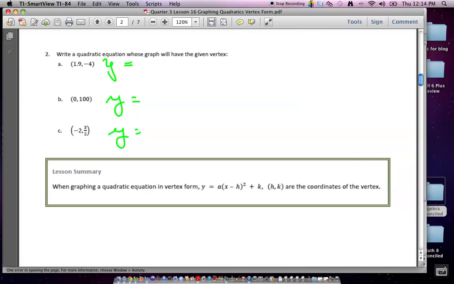Okay, Olivia, what would we get for the first one? Y equals x minus 1.9 squared minus 4.